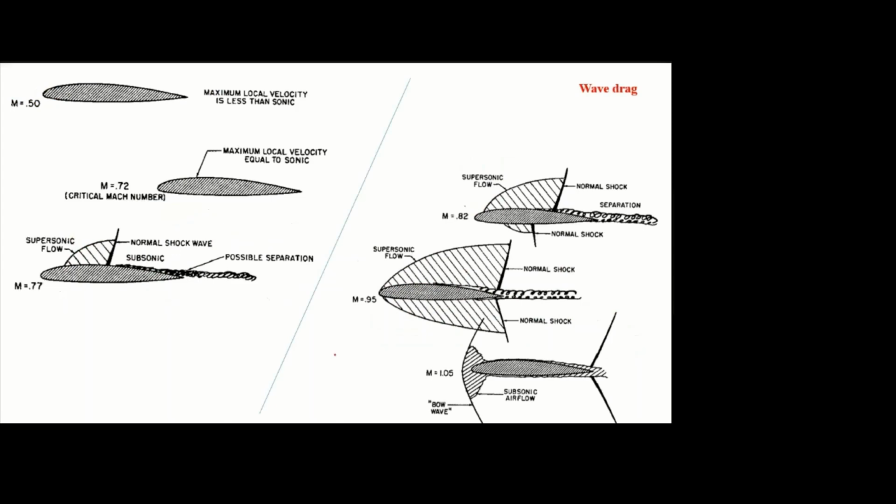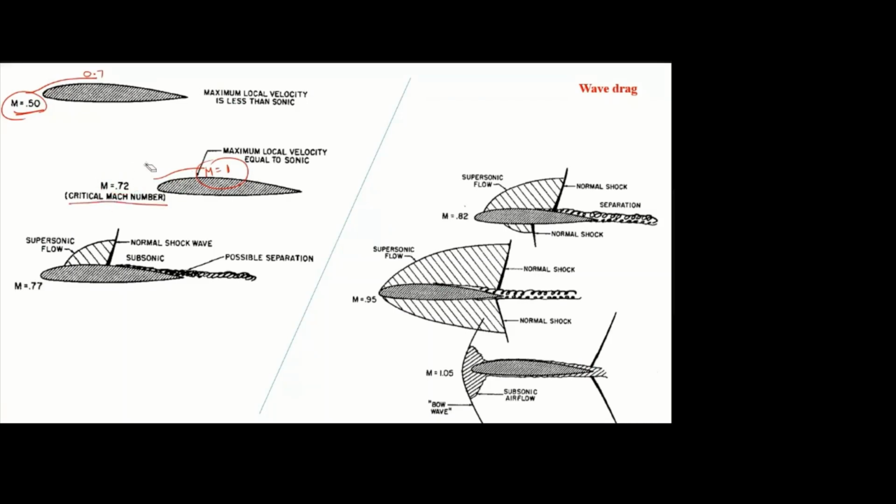And wave drag also already discussed. If you take subsonic flow, the Mach number, the flow may be accelerated to maybe 0.6 or 0.7. If you further increase the Mach number from 0.5 to 0.7, assume the Mach number reaches 1. Once the flow reaches sonic anywhere on the airfoil, then the corresponding free stream Mach number is the critical Mach number.